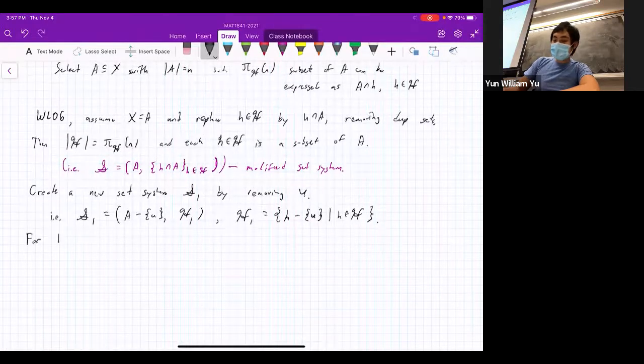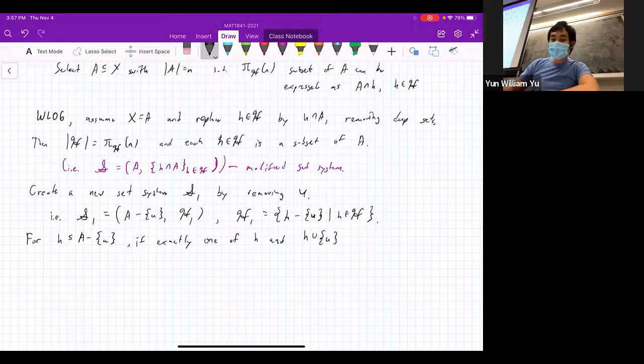Well, then we know that for h contained in A minus u, if exactly one of h and h union u is in H, then h contributes one set to both H and H1.